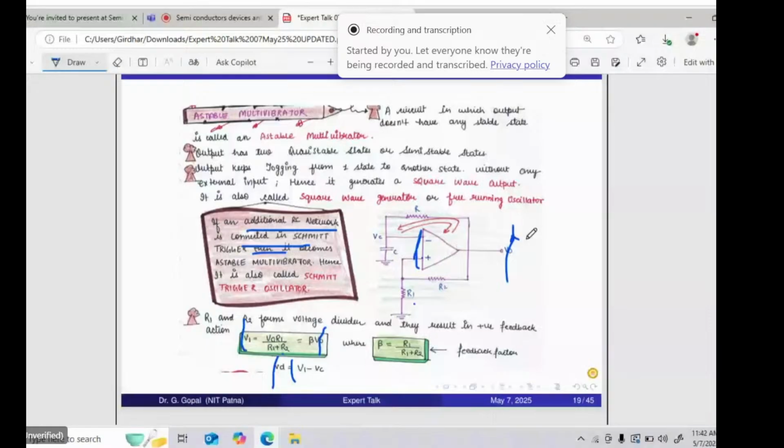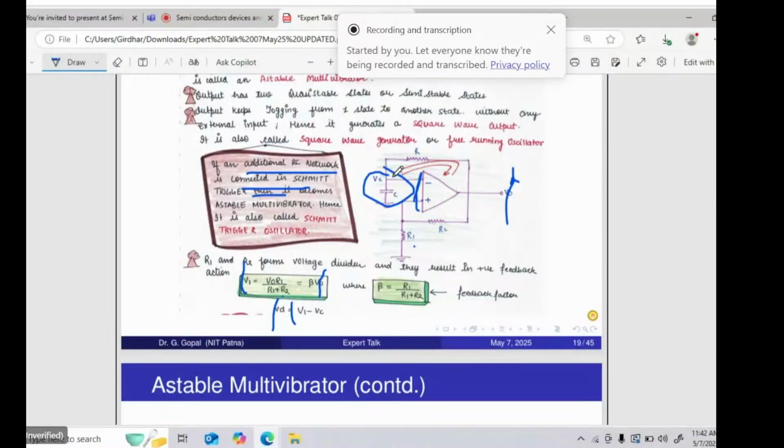Now this is the capacitor here. What is the nature of the capacitor? A capacitor cannot charge instantaneously. The VC voltage cannot increase instantaneously. So that's why VD is increasing. If V0 increases, V1 is increasing, but is there any effect on VC?